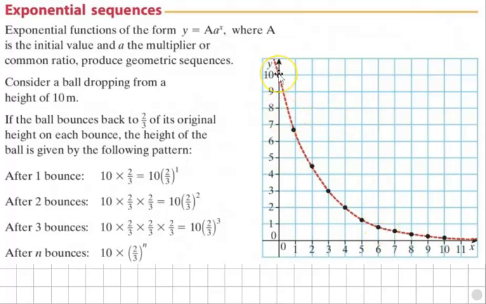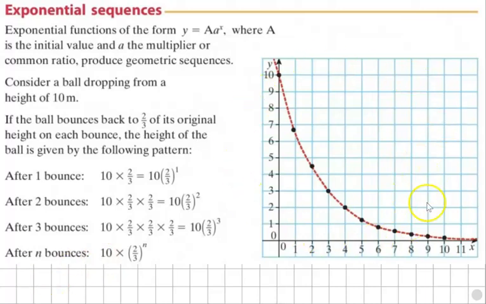So we start off with a height of 10. The next height that the ball jumps up to is 2/3 of the previous height, so 2/3 of 10. The next height it jumps up to is 2/3 of the previous height again, and so on. So we can see we have this curve forming.